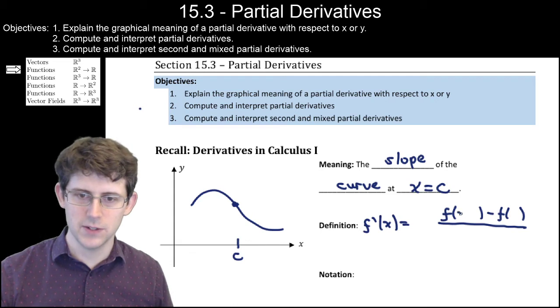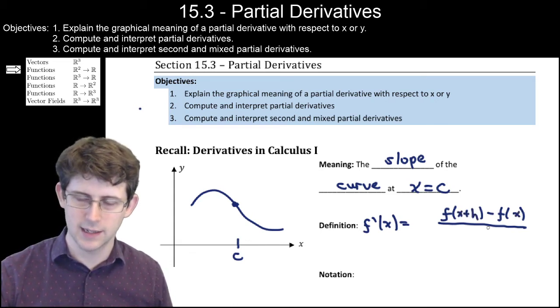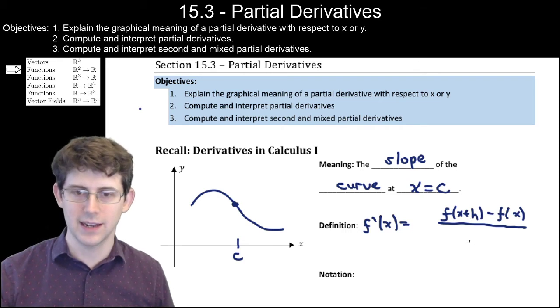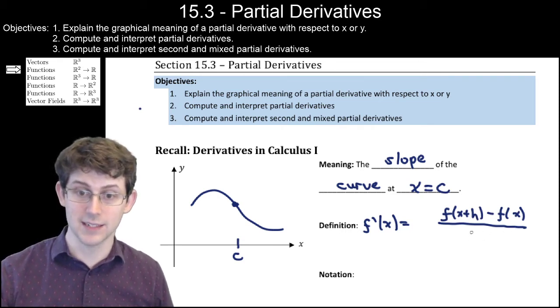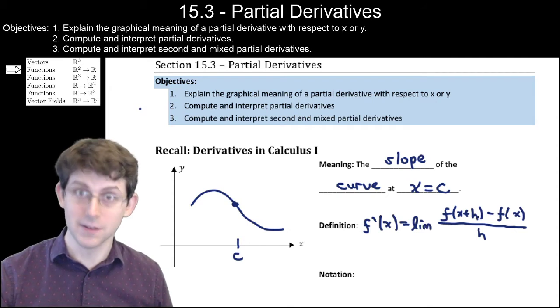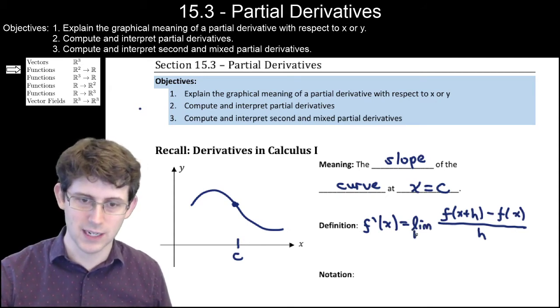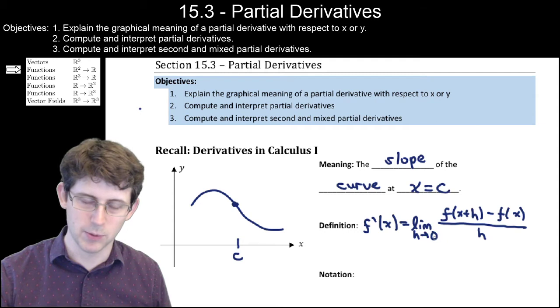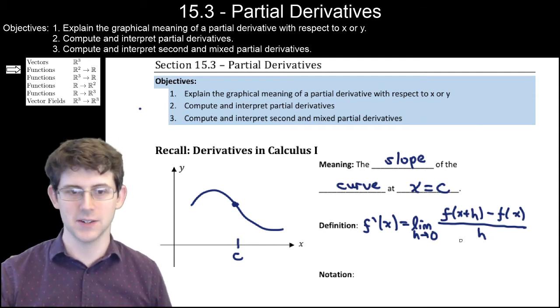The two y's we'll use will be f of x plus a little bit and f of x. So I'll call the little bit h. And then in the denominator I need the difference of the x's, which is x plus h minus x, that's h. Now I want this little bit to be really, really small, but I can't really plug in 0 for h because then I'll get 0 over 0, so instead we invented limits and came up with this whole plan of letting h go to 0.